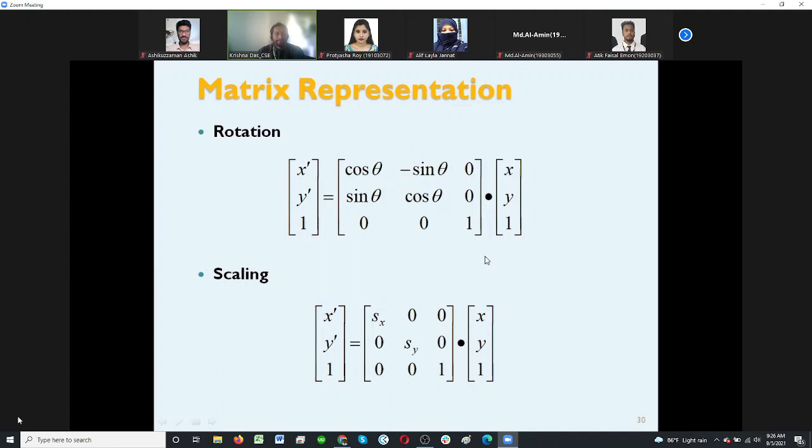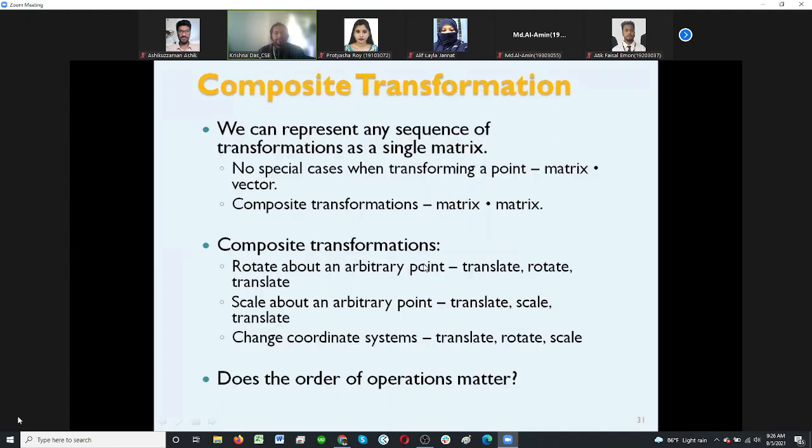But when we have multiple functions together, what should be the order of operation? Like translate, then rotate comes. So with multiple matrices, definitely their activity has to be done in some order.